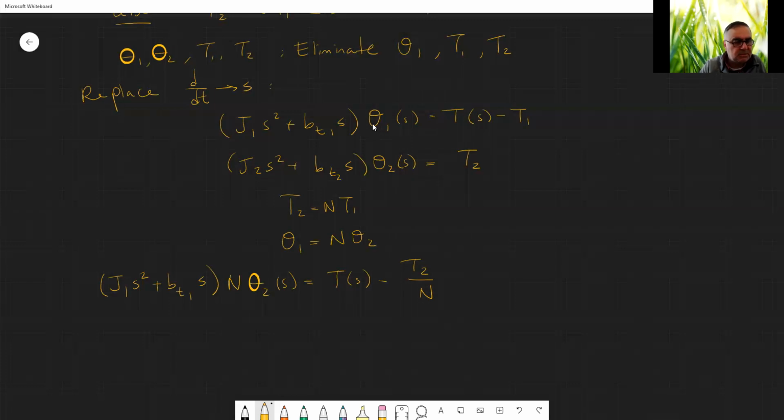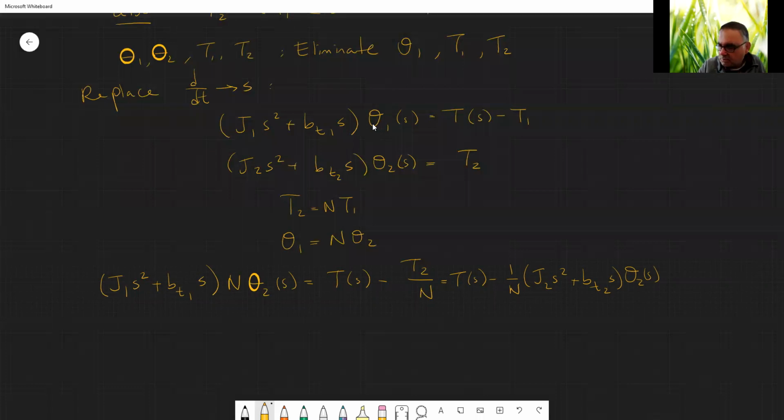But T2 is this, the second equation. So let me write it this way: equals T of s minus T2, 1 over N. T2 is this, the second equation, J2 s squared plus BT2 s. Now, if you look at this equation, this side and this side, you only have theta 2 terms in it, and no theta 1 or T2.